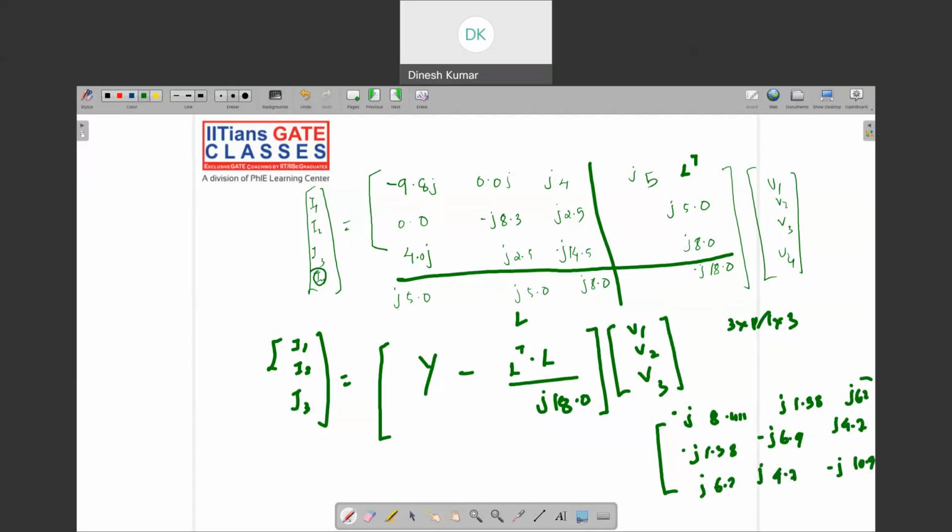Okay, so this will be the thing. So instead of solving this 4 by 4 matrix, we can actually solve a 3 by 3 matrix. Okay, this is basically known as Kron's reduction technique.